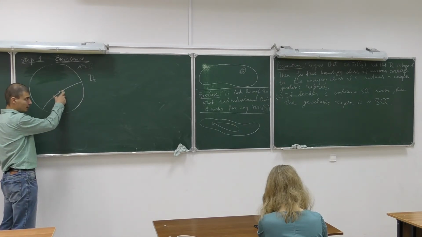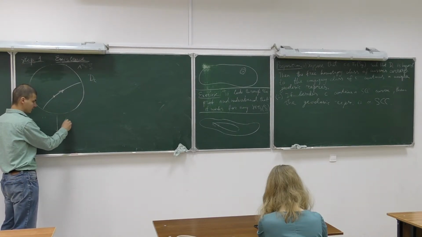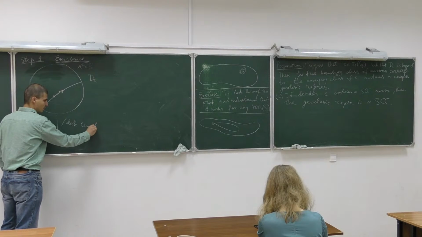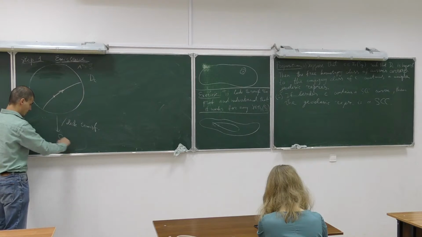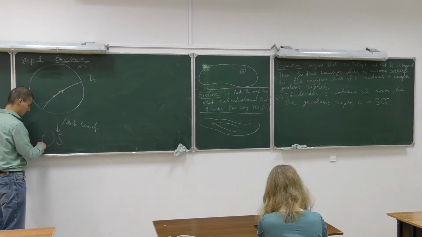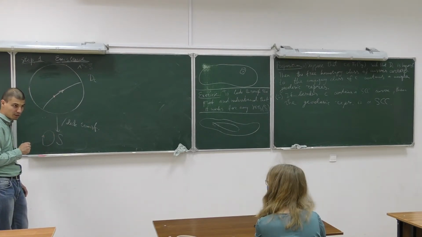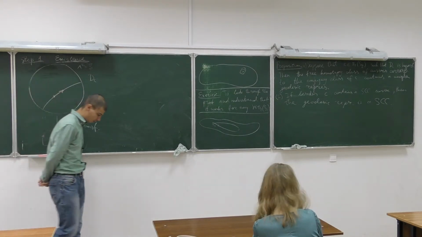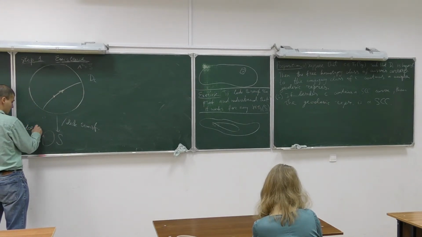Then this segment, after factorization by all deck transformations, goes to a closed geodesic, maybe with self-intersections. It may happen that it is with self-intersection, but it is a closed geodesic, and this is just the closed geodesic representative.